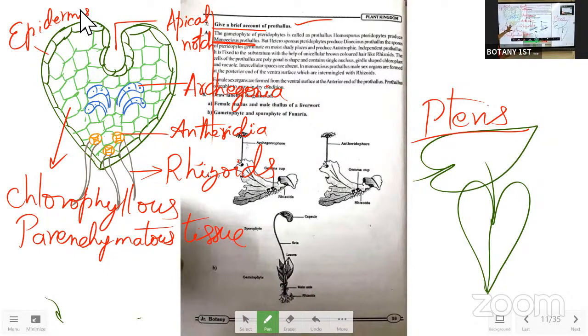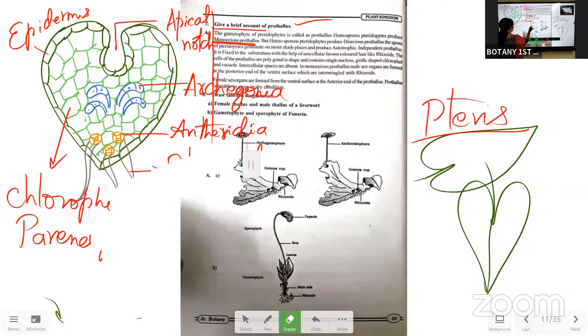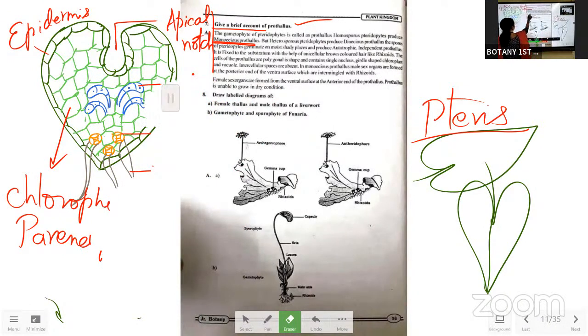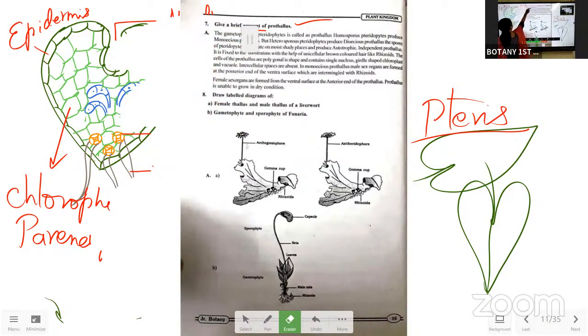So all these sex organs and the rhizoids are visible on the ventral surface, not on the dorsal surface. If you have written this, it's enough for the answer. No need to write any other thing.